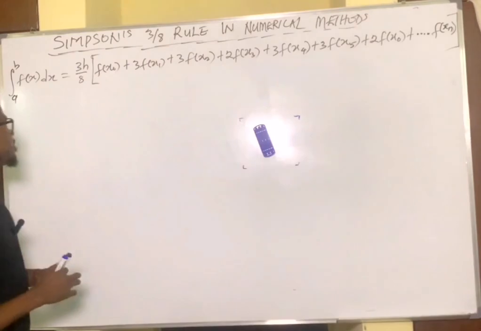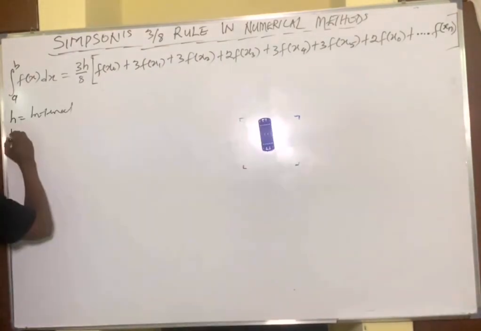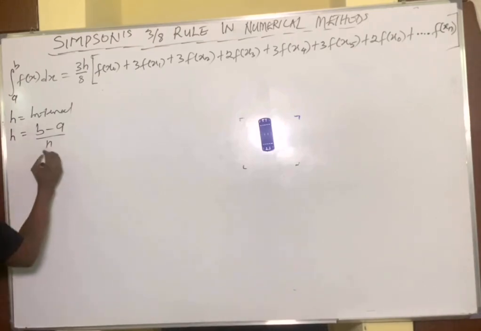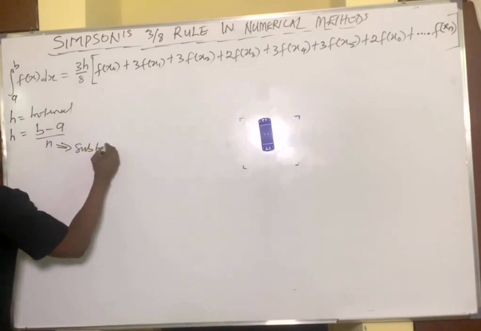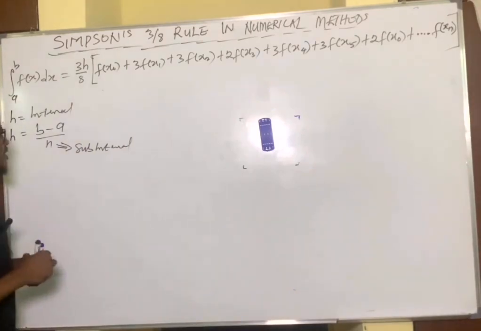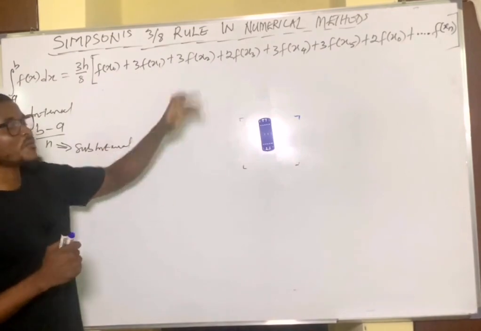Now, what is this h? h simply means the interval. h equals b minus a all over n, where n is the number of subintervals. The number of subintervals is a multiple of 3, and that is what determines the length of the equation.